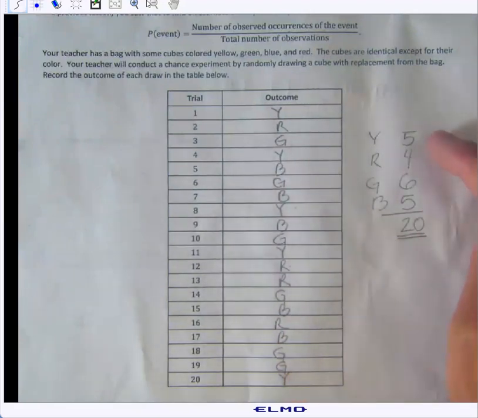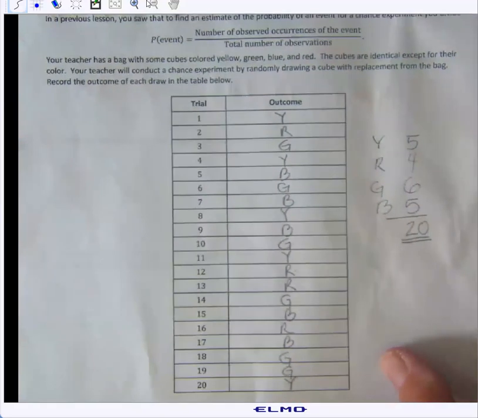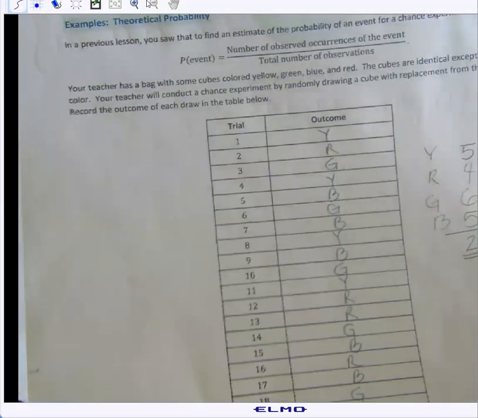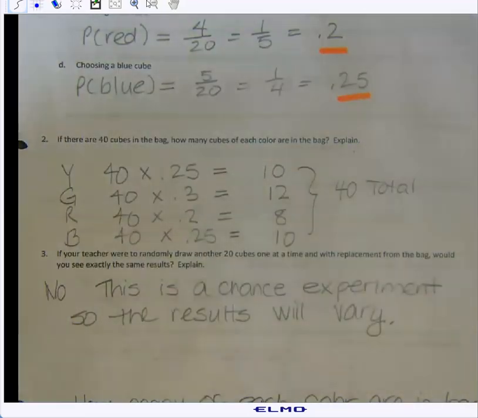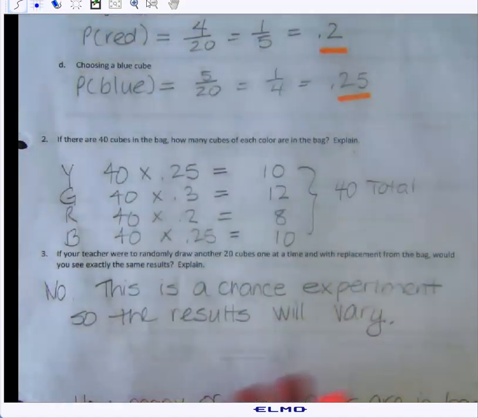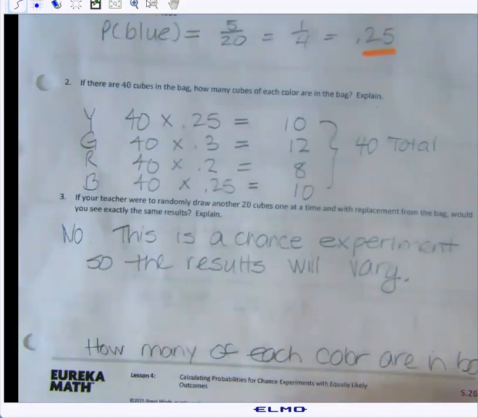Do you think I'm going to get exactly 5 yellow, exactly 4 red, exactly 6 green, and so on? Hopefully you have the sense that no, I will not, because this is a chance experiment. It's completely up to chance. There's no way to predict exactly how the numbers will fall. So they will be similar, but we do not expect them to be exact.